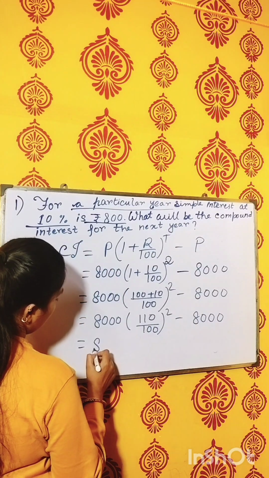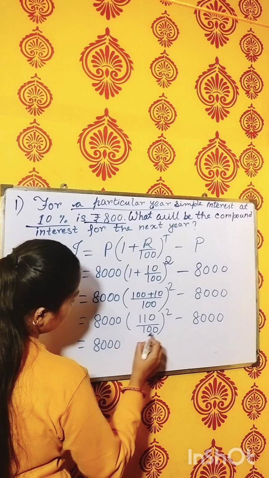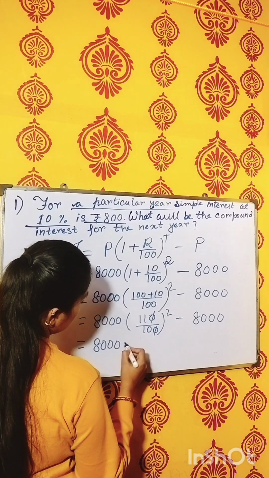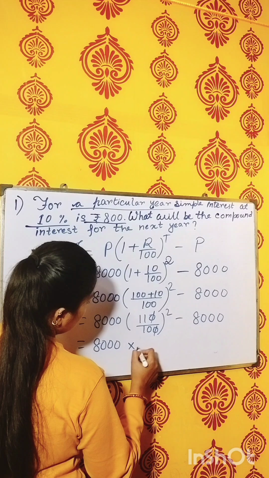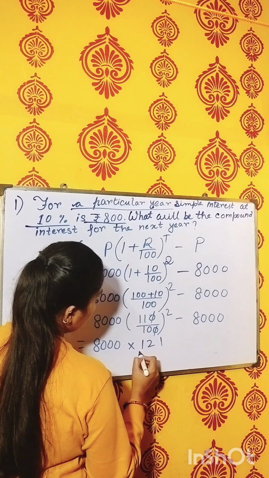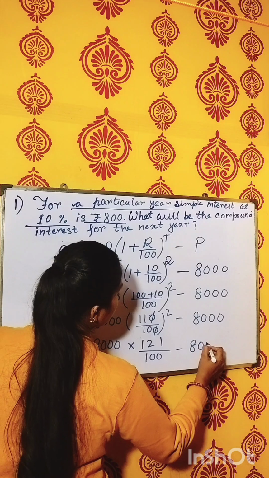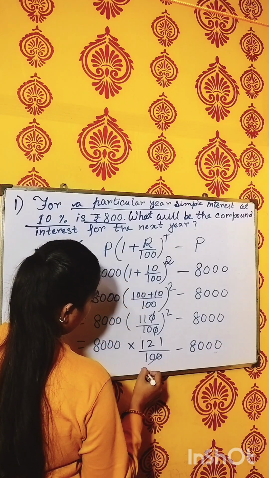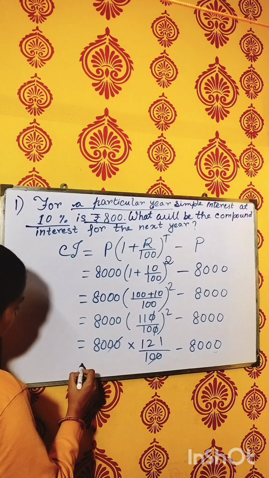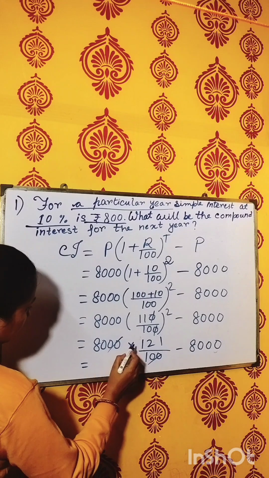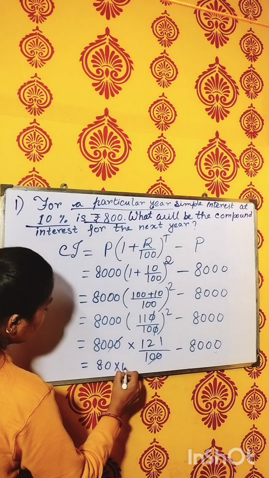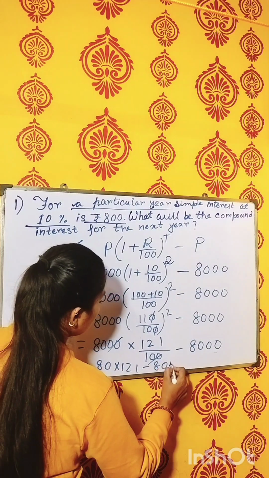Now in 8,000, 1 zero will be cancelled. 11 square, that means 121. 10 square means 100, minus 8,000. 2 zeros will be cancelled out. Then 80 multiplied by 121 minus 8,000.